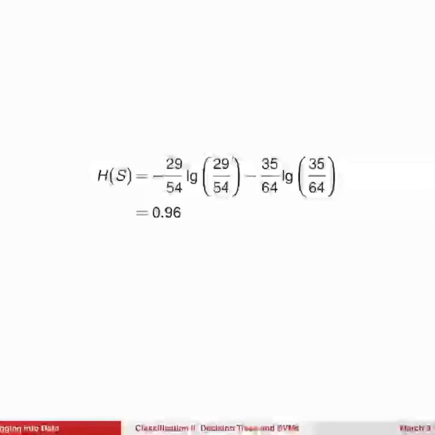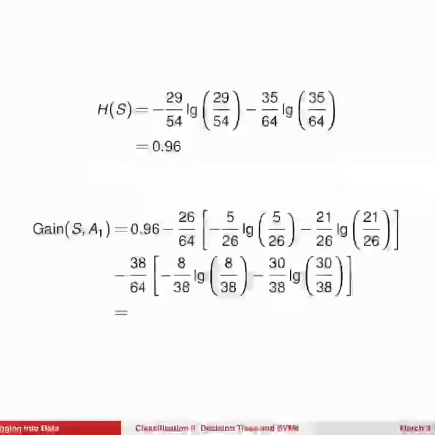So how much gain do we get if we split on the first attribute? For the first attribute, we have original entropy of 0.96. Then we split into two branches. One has 26 examples, the other one has 38 examples. We then compute the entropy in each of those sections, and that gives us 0.96 minus 0.28 minus 0.44 for an overall gain of 0.24.